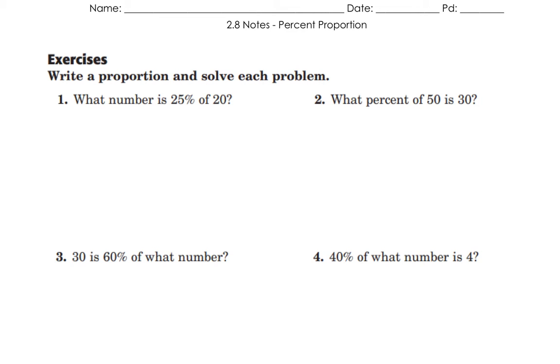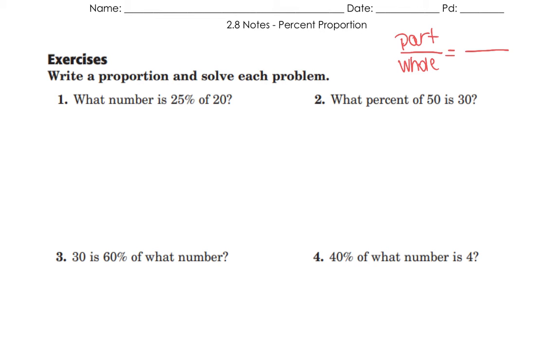Okay, today we're going to be learning how to use a percent proportion. So a proportion is two fractions equal to each other. But a percent proportion is a fraction equal to a percent as a fraction. So every fraction is always a part to a whole.